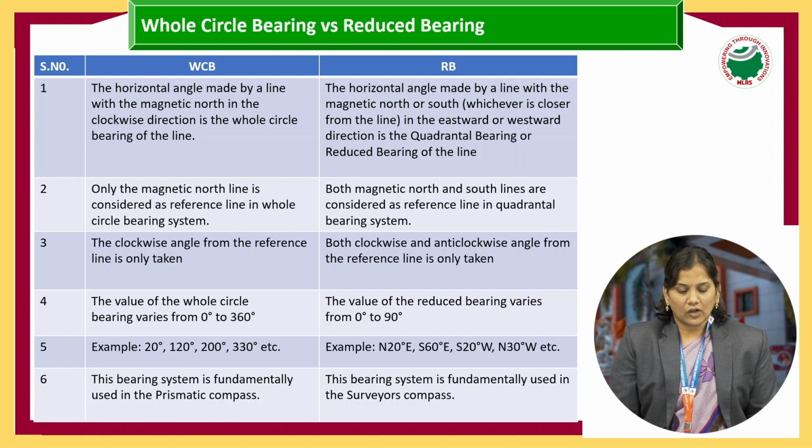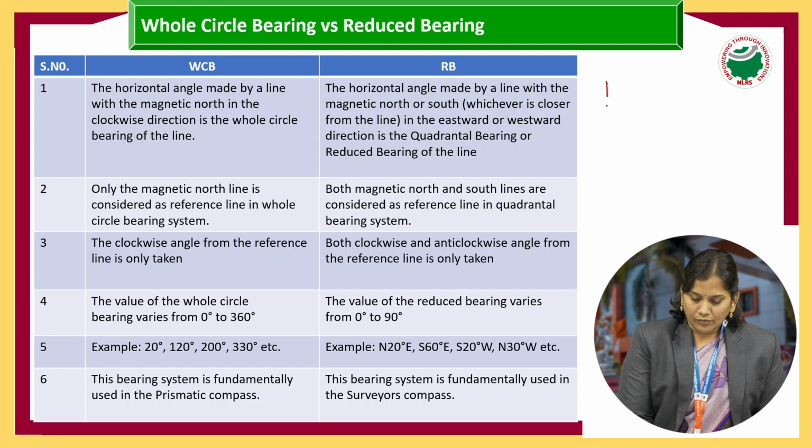The first difference is that the horizontal angle made by a line with the magnetic north in the clockwise direction is the whole circle bearing of the line, and the horizontal angle made by a line with the magnetic north or south, whichever is closer to the line, in the eastward or westward direction is the quadrantal or reduced bearing of the line.